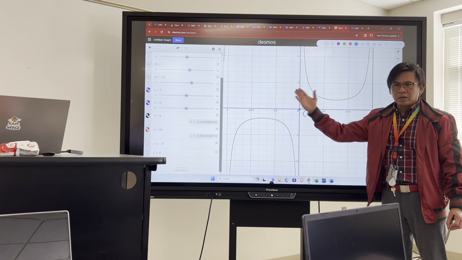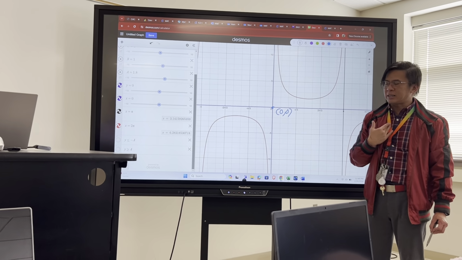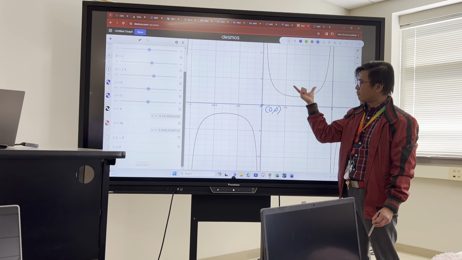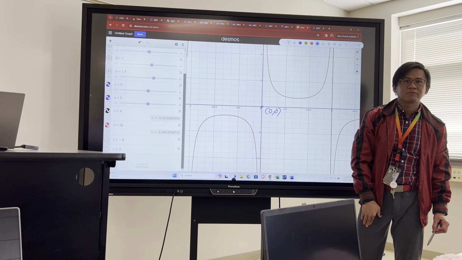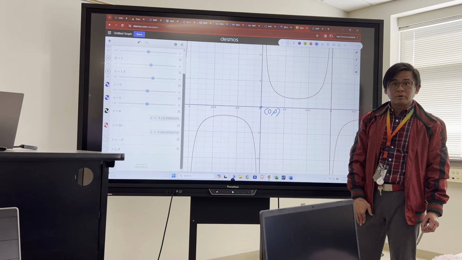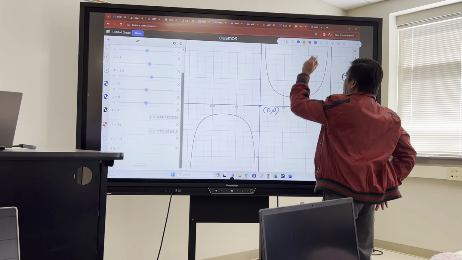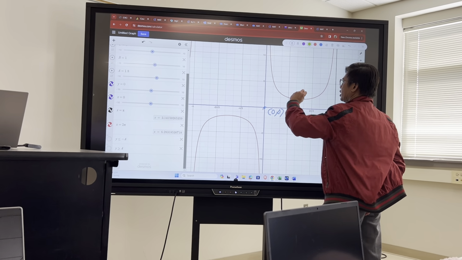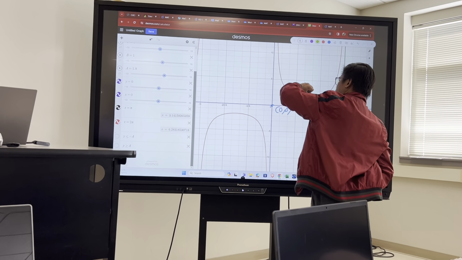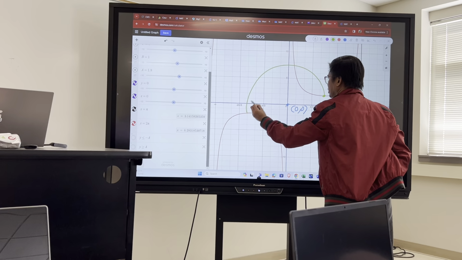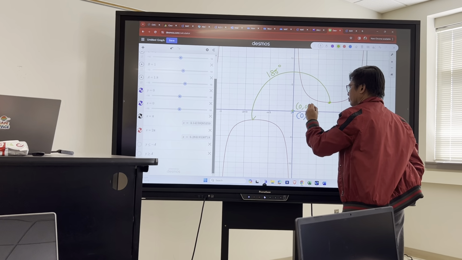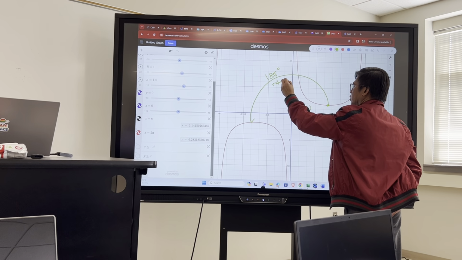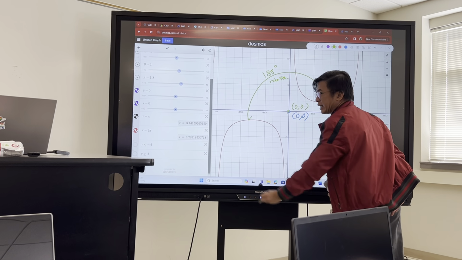Are they reflections along the y-axis, or can you say that this half is a 180-degree rotation of the other half? 180-degree rotation, right? As you may notice, if you rotate this part 180 degrees from the origin, it's going to get the second half in there.